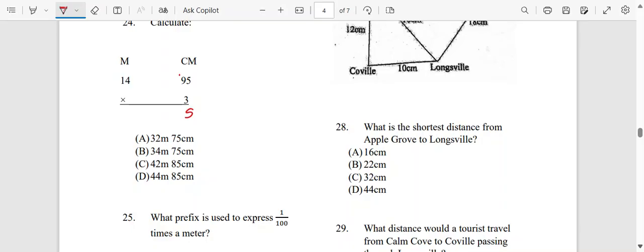I put down the 7, but then I have to carry the 2, because it's multiplication.